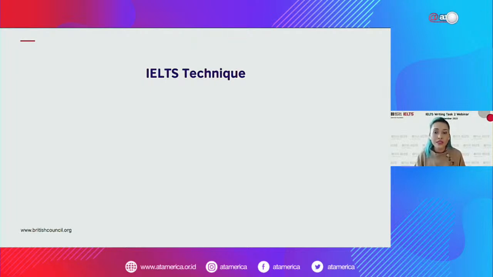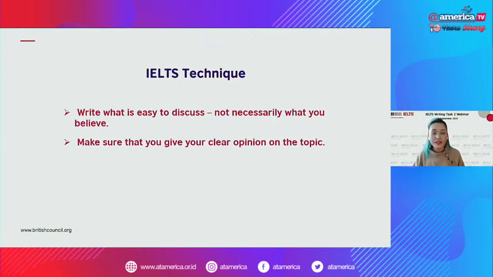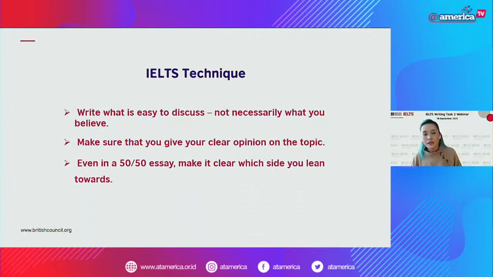They might not be able to enjoy this ease of access to vaccines. Hence, write what is easy to discuss, not necessarily what you believe. Make sure that the examiner can find your position and you provide enough reasons to support this.